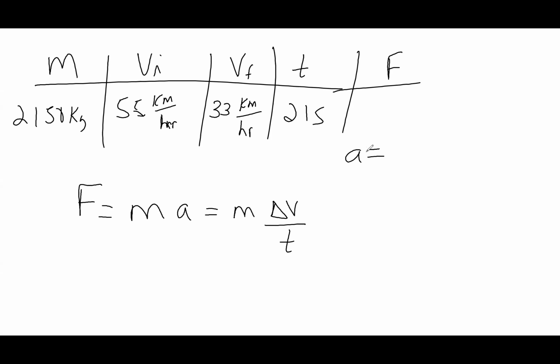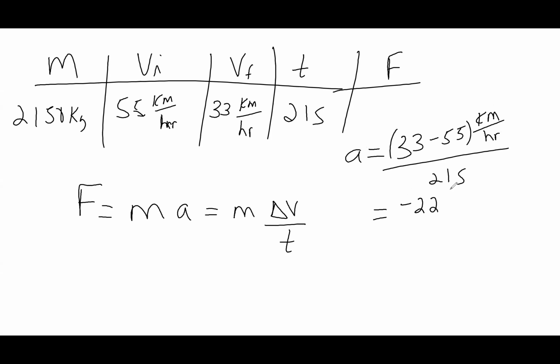So we have change in speed, which in this case was 33 minus 55 kilometers per hour, divided by 21 seconds. So herein is our first calculation. And because he wanted the magnitude, even though this number is negative, and of course it has to be negative because it's slowing down.